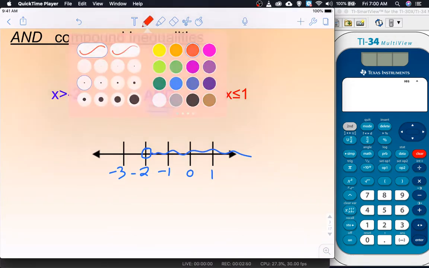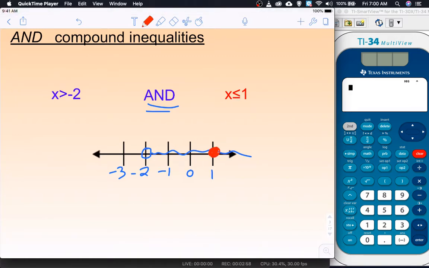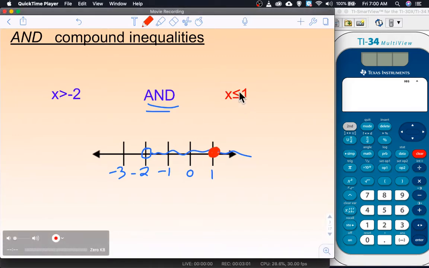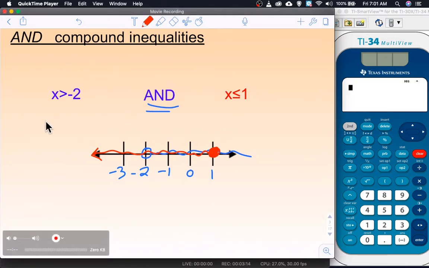Now, if I change color to red, now we're going to graph the red one. So I need a solid dot at 1. And from that 1, I'm going to be shading less than, which is to the left. Now, where are both of these true? Because I want to know what numbers are greater than -2 and less than or equal to 1.